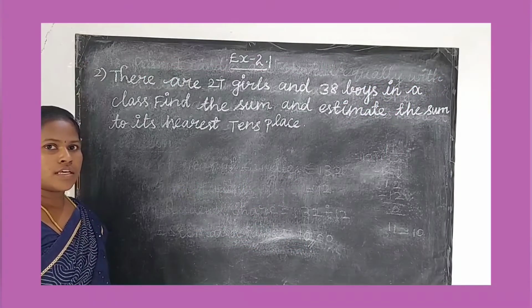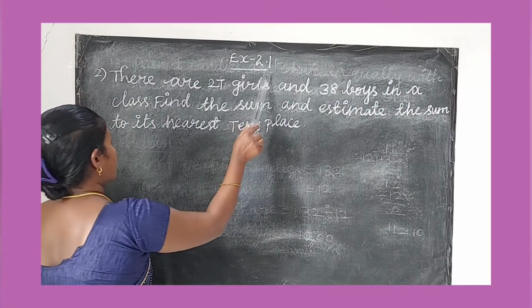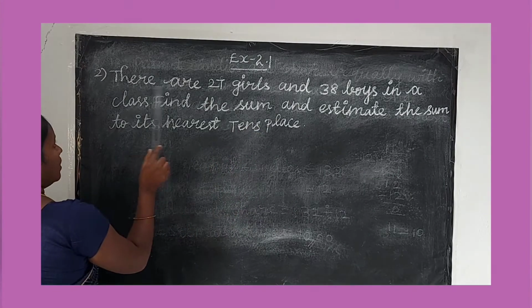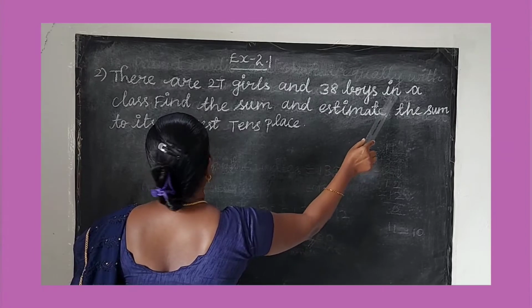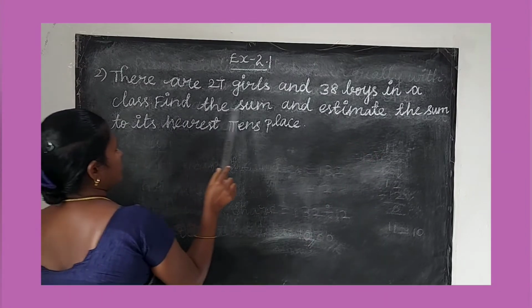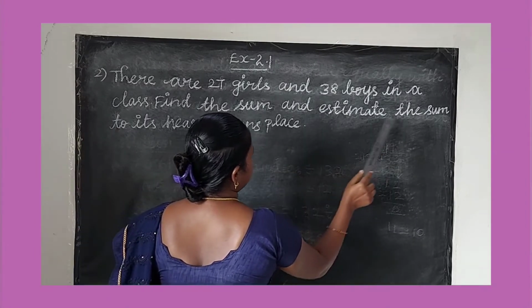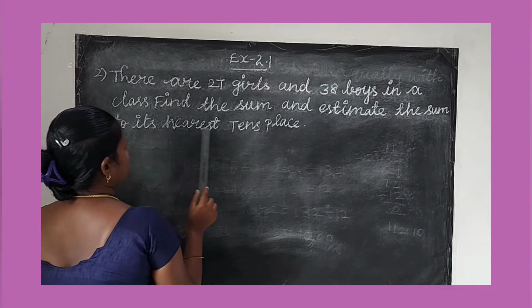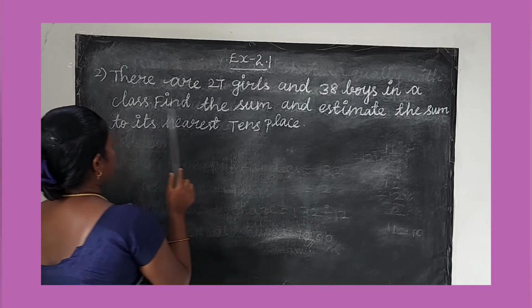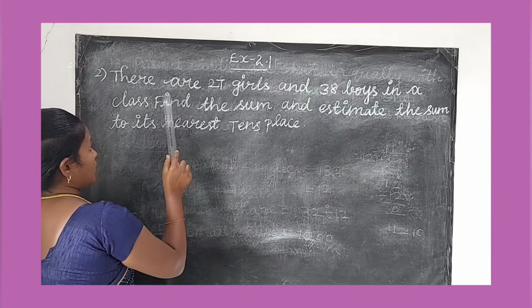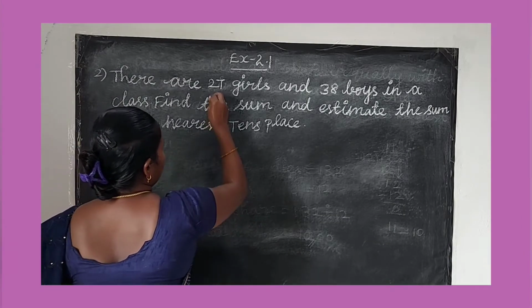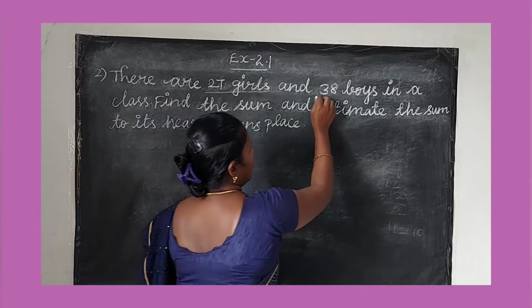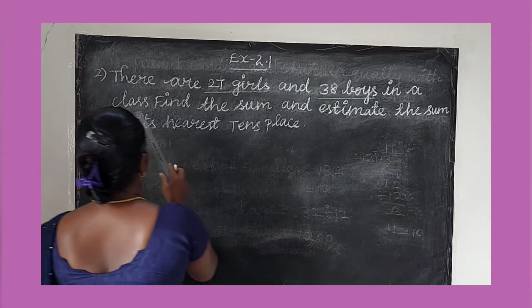Children, see the exercise sum 2.1, second sum. There are 27 girls and 38 boys in a class. Find the sum and estimate the sum to its nearest tens place. Children, in this question, the given values are: 27 girls value is given, and then 38 boys value is given in a classroom.